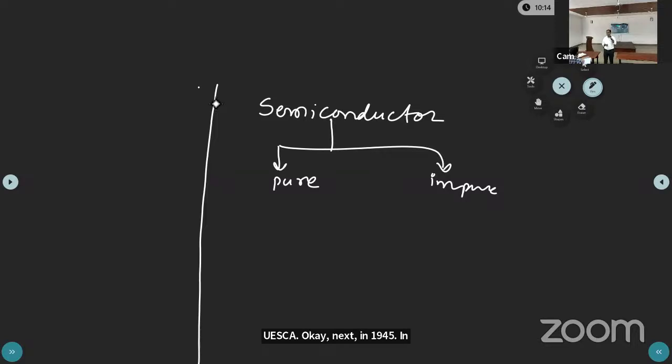In 1947, the concept of ICs, integrated circuits, was introduced. In 1947, the transistor was introduced. Okay, in 1904 the diode, in 1907 the triode, and in 1945 the vacuum tubes were replaced by solid state devices.